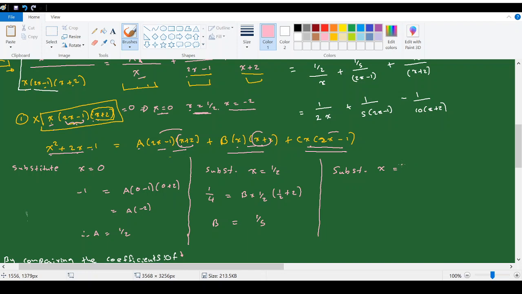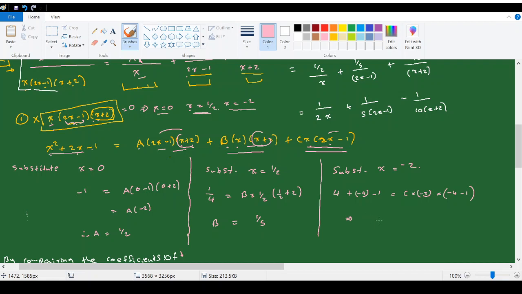So when you substitute x equals negative 2, the left hand side becomes negative 2 squared is 4 plus negative 2 times 2 becomes negative 4, and it is just negative 1. And since these first two terms vanish, you will have c times negative 2 times, for this one you will have negative 4 minus 1, right?